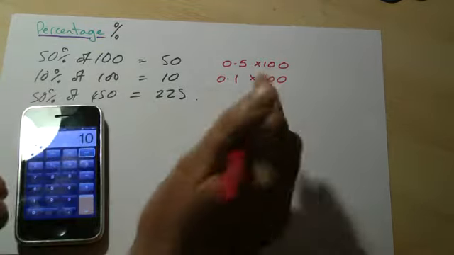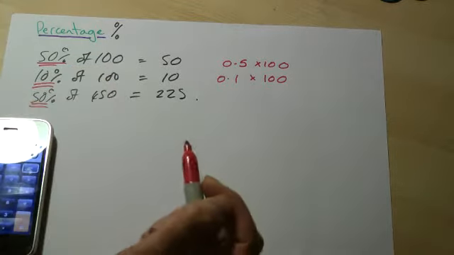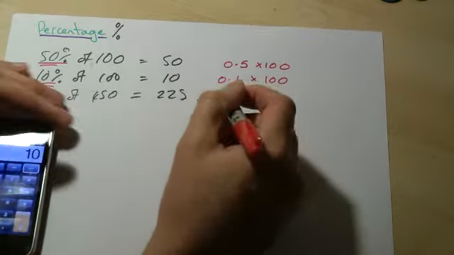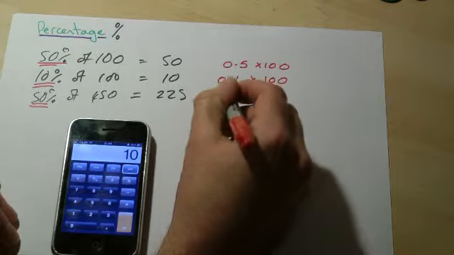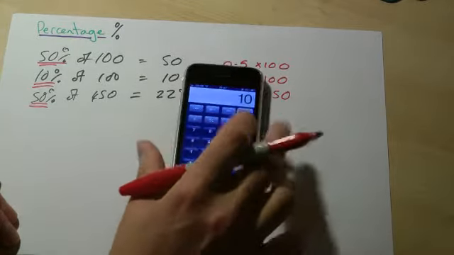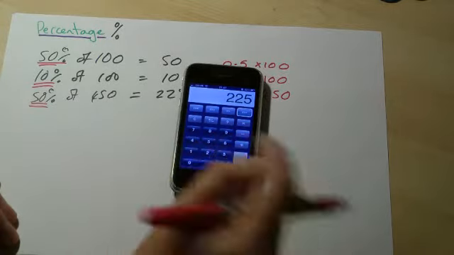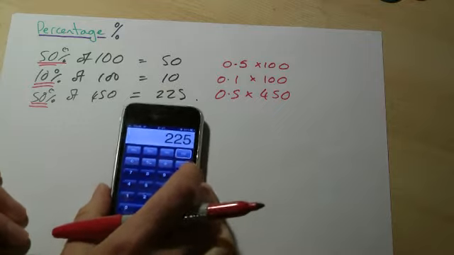So all we're doing is we're taking the percentage here and turning it into a decimal. Okay, so 50% of 450 is the same as saying 0.5 times 450. So let's see if this one works. 0.5 times 450 equals 225.